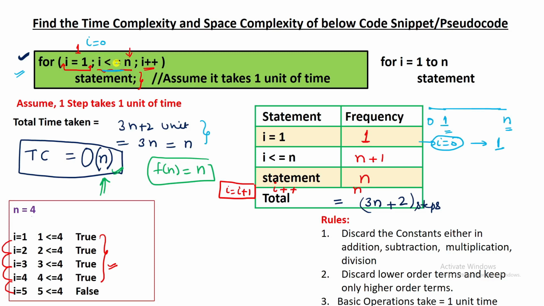As i is starting from 0, now i less than n will be executed n plus 2 times, one extra time, right? And the same way i plus plus will be executed n plus 1 times, right? If i is starting from 0, 1 is added here, 1 is added here.